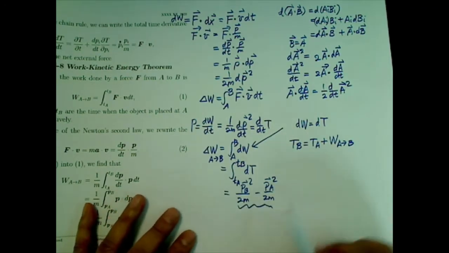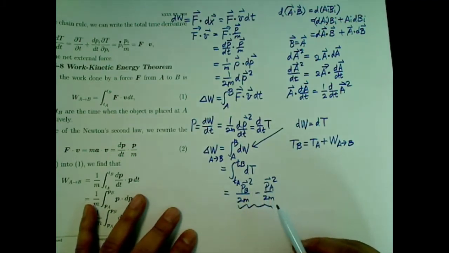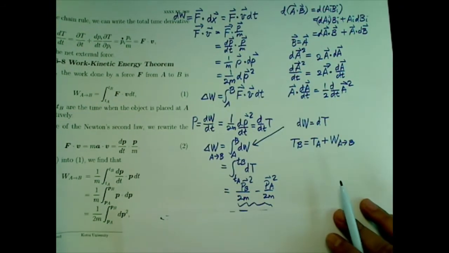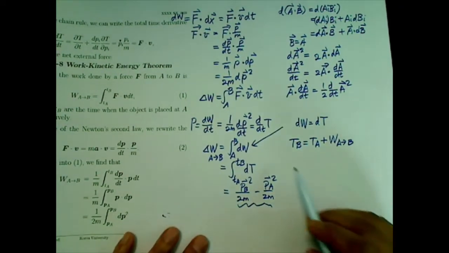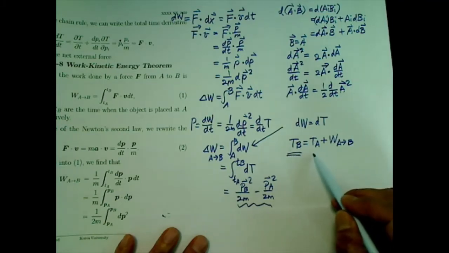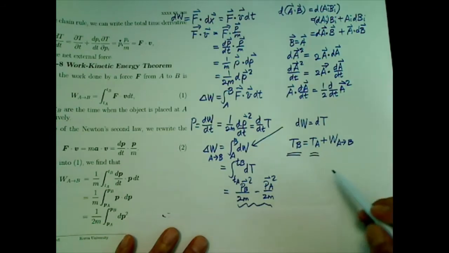That means the work equals the kinetic energy at B subtracted by the kinetic energy at point A. Therefore, the kinetic energy at B is the same as the kinetic energy at the starting point plus the work done by the force during the displacement from A to B.